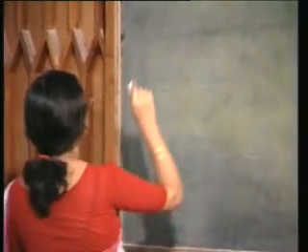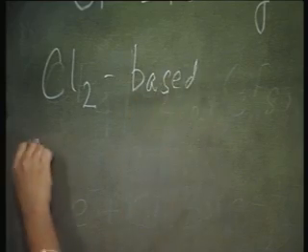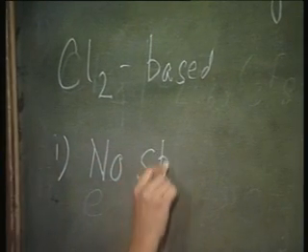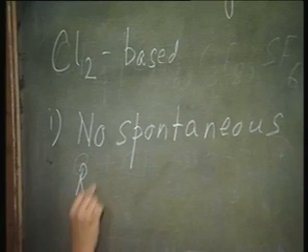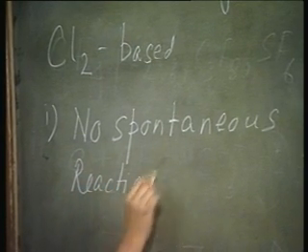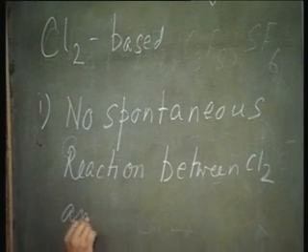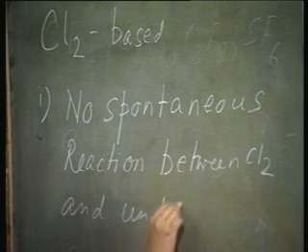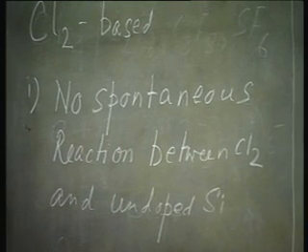There is no spontaneous chemical reaction between chlorine and undoped silicon. So, that is the first ground rule.